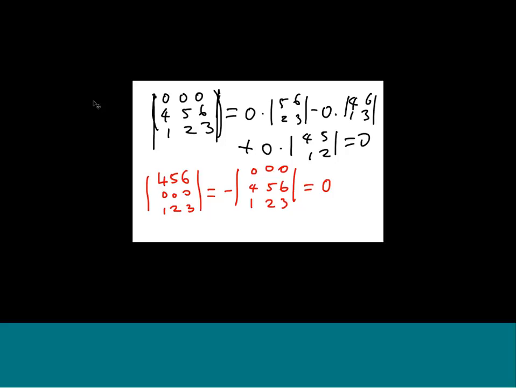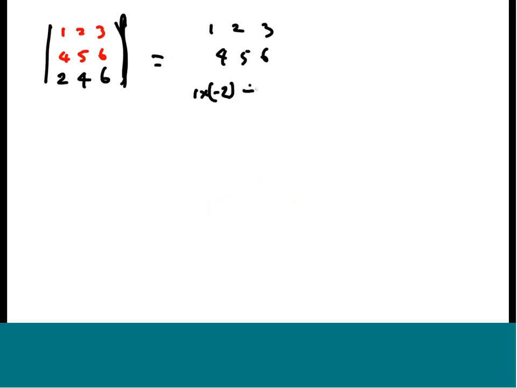Oh, I lost the color for some reason. So I'm sorry, this is the determinant. So it equals 1, 2, 3, 4, 5, 6. Then you have 1 times minus 2 plus 2.